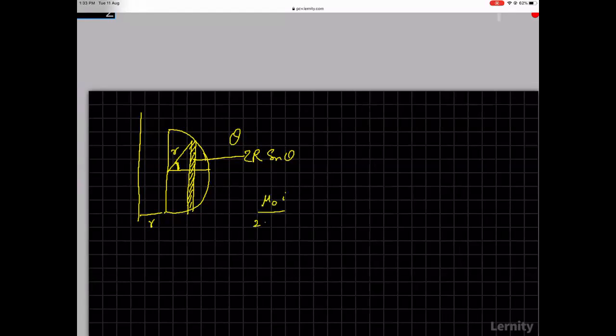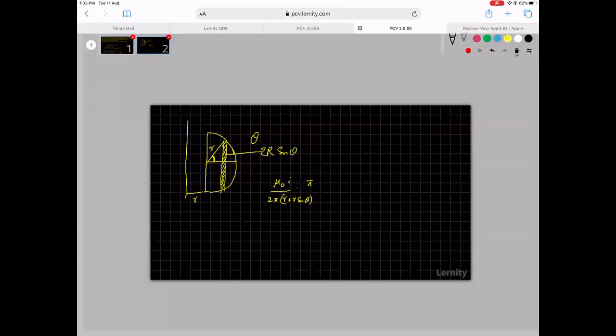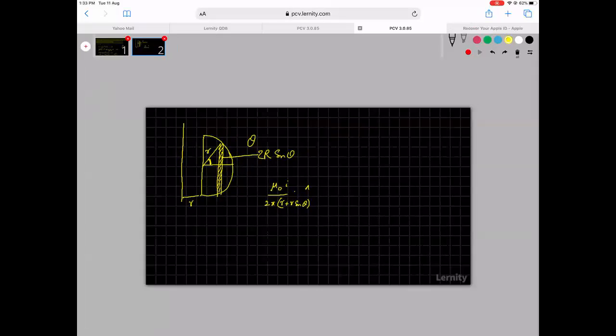So mu naught I by 2 pi into (r plus R sine theta), into the area. This area will be dx into 2 times R sine theta.